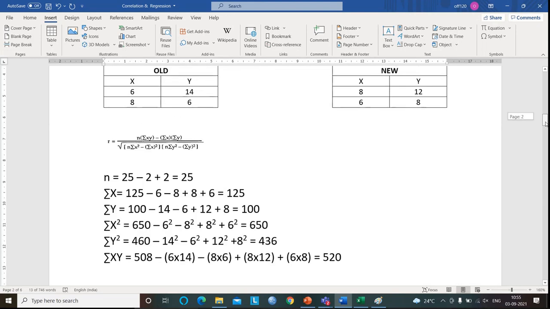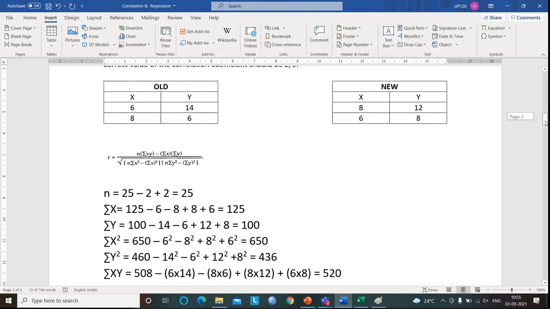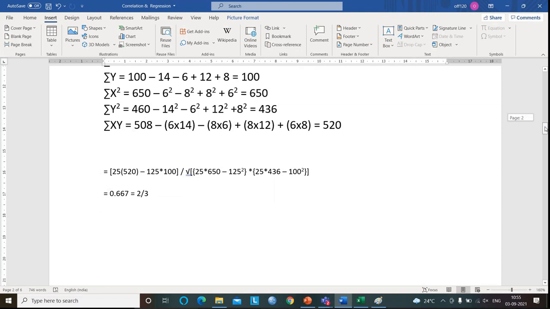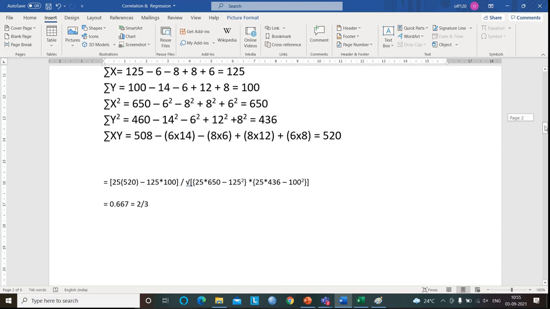Otherwise, if only summation x, y, x square, y square are given, we use the second formula of Karl Pearson's coefficient of correlation. So by doing all the changes and substituting in the formula, we got the answer as expected in the question. They were asking us to find it as 2 by 3. Of course, we got the answer as 2 by 3.